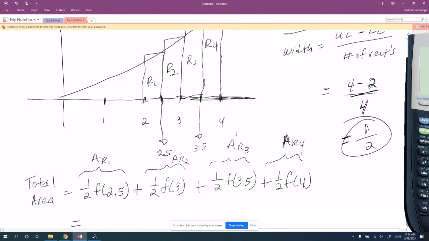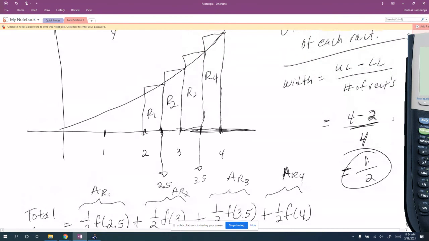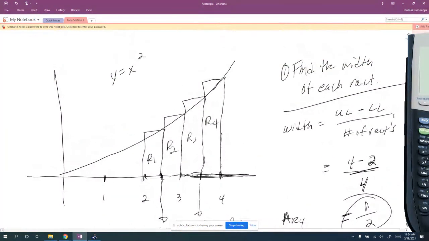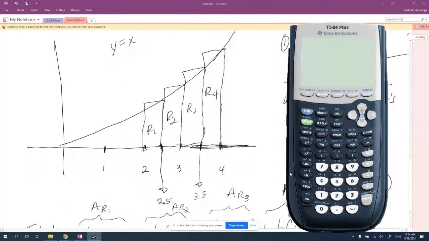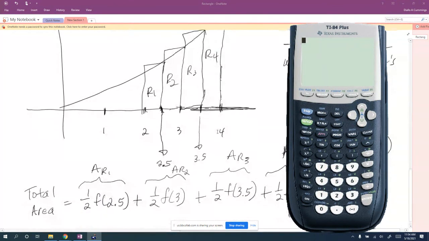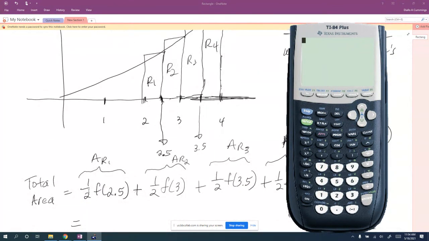All right. So now I'm just going to put this in the calculator. So based on what we did in the last example, I'm going to go back to y equals. All right, and we have x squared for y equals. I just want to check my function. And this is basically what I'm going to put in. So I'm going to put in 1/2, or 0.5, times our function evaluated at 2.5.